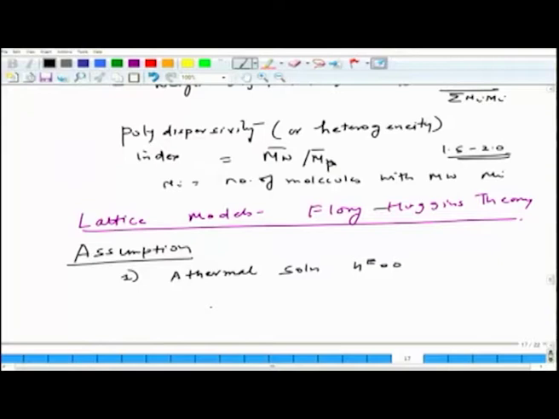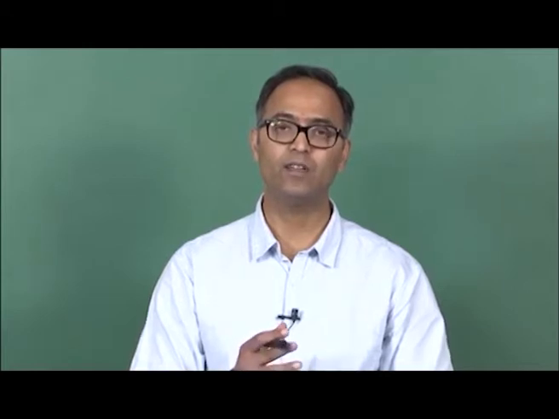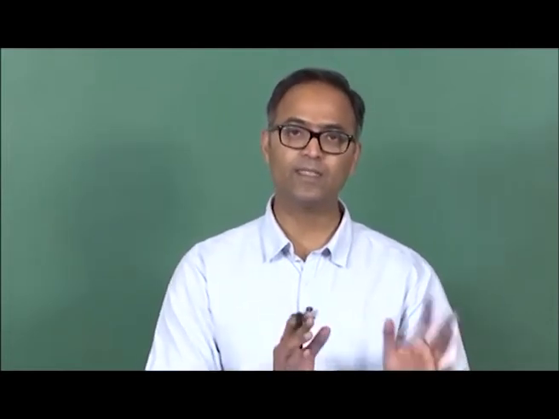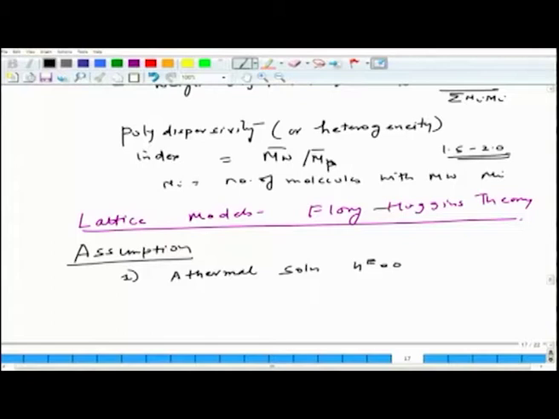So, essentially it is deviating from the typical discussion we had last time, the Van Laar or Scatchard-Hildebrand solutions. That is regular solution theory, where the excess entropy is also considered to be 0, but here in the case of Flory-Huggins the assumption is only an athermal solution.